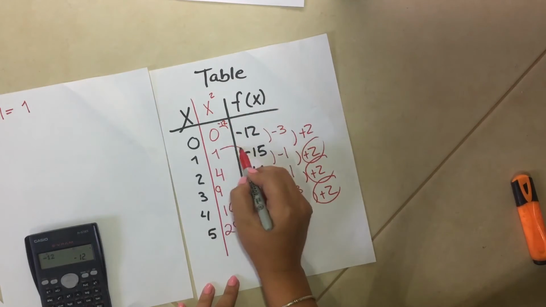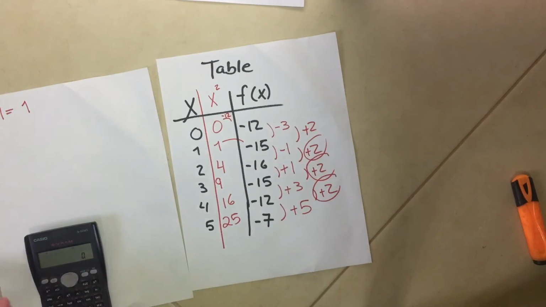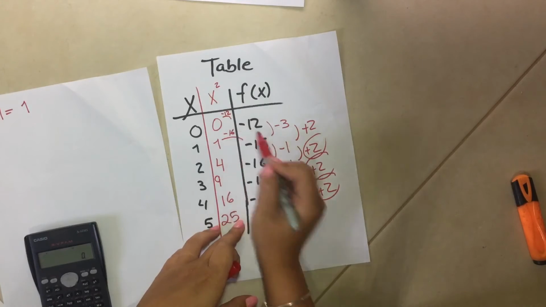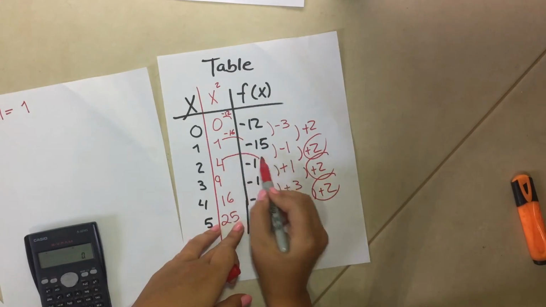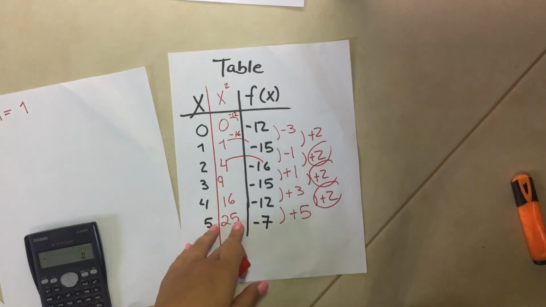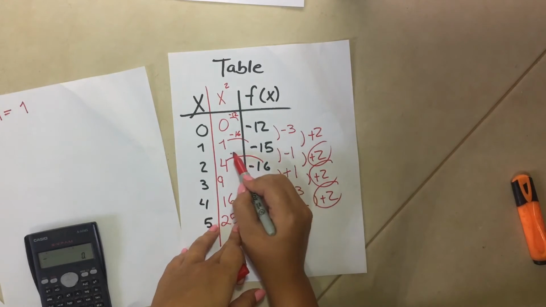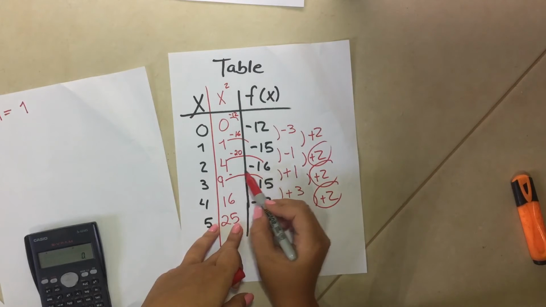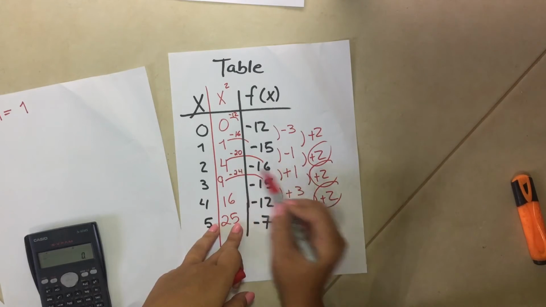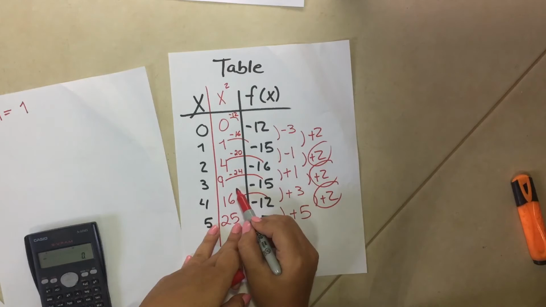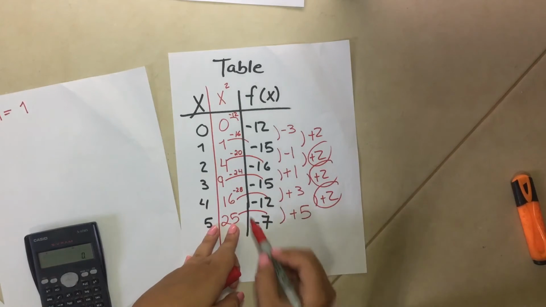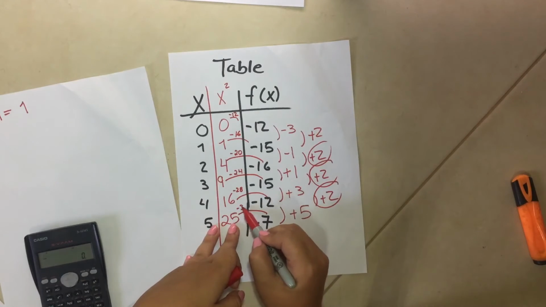From 1 to -15, we need -16. From 4 to -16, we need -20. From 9 to -15, we need -24. From 16 to -12, we need -28. And from 25 to -7, we need -32.